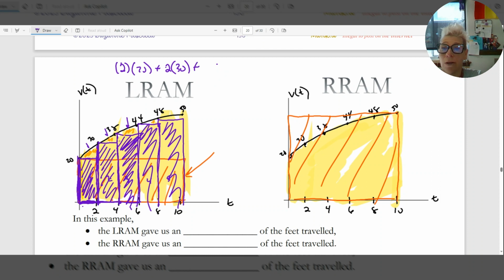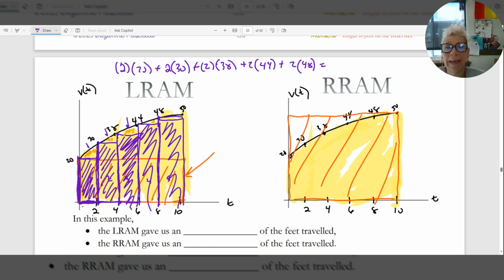My third rectangle has a width of 2 and a height of 38. And hopefully you can see what's happening here. We're going to add together 5 rectangle areas with a height of 20, then 30, then 38, then 44, and our last rectangle will be the one that goes from 8 to 10, whose height is 48.